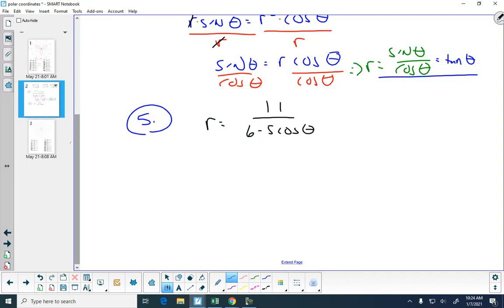Now, if you follow our notes, what we did on Tuesday, we multiplied both sides by the denominator. So we took a look at this denominator here, and we multiplied both sides by it.